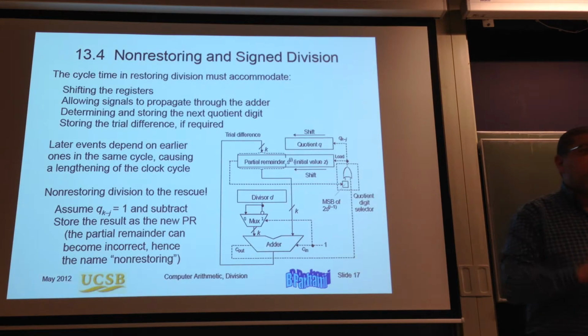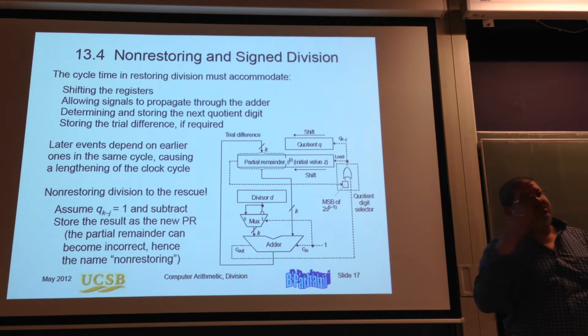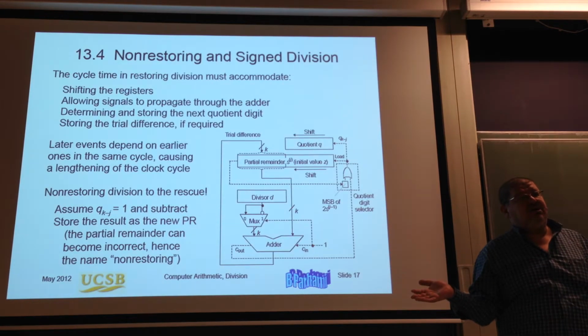Then try to store the result also when you get a negative intermediate partial remainder and correct later on. Then I have to be able to correct later on, because otherwise I'm going in the wrong direction.